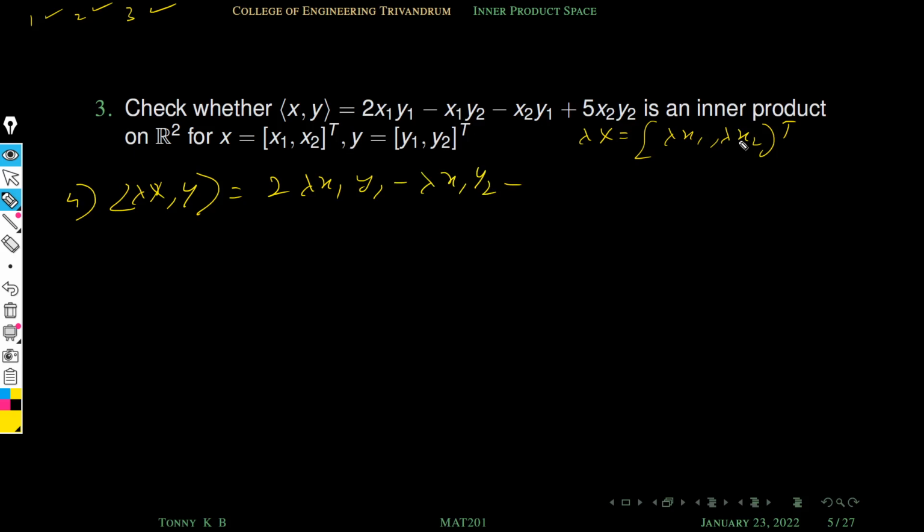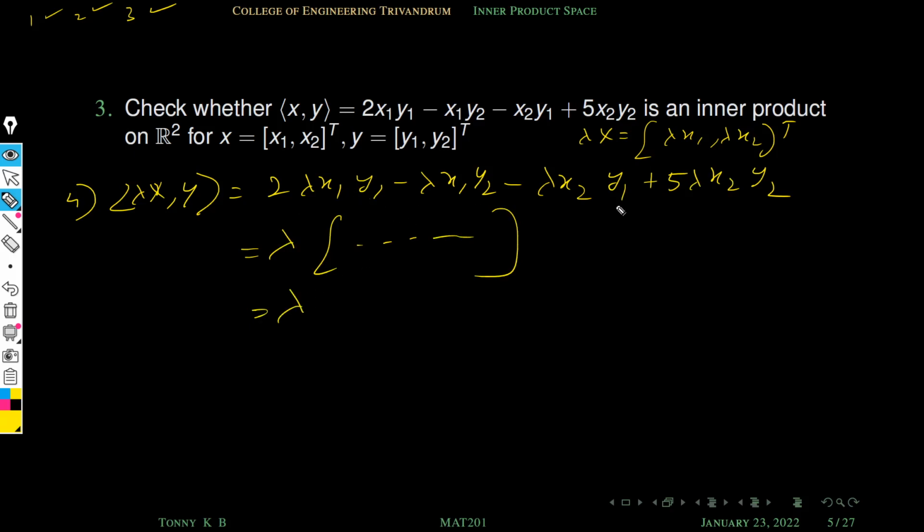What is x2? x2 is the second coordinate, so lambda x2 y1, plus 5 into lambda x2 y2. Okay, is it clear that lambda is common? You can take it outside. So lambda into the terms, and what about the remaining terms? That is nothing but our inner product of x, y by definition. Okay, so it satisfies our fourth condition.